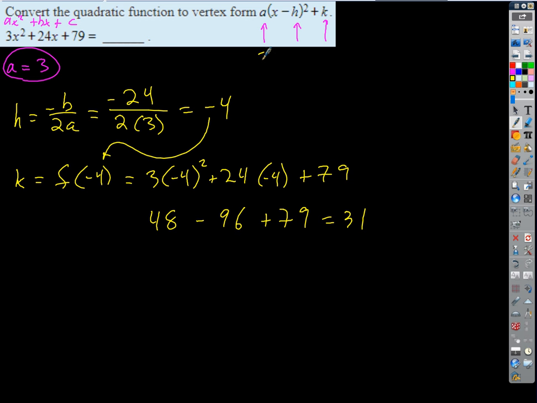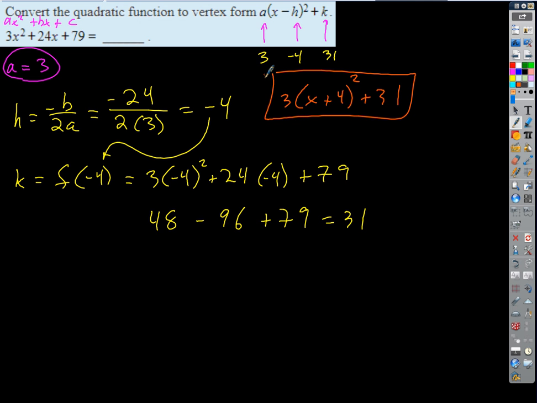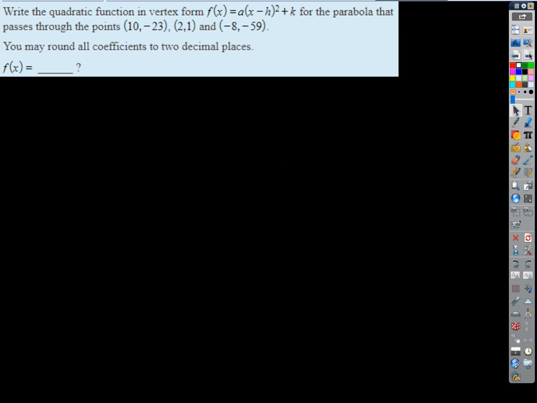We're plugging in 3 for A, negative 4 for H, and 31 for K. And so our answer just looks like 3 times x minus negative 4, so x plus 4 squared, plus 31. There it is.